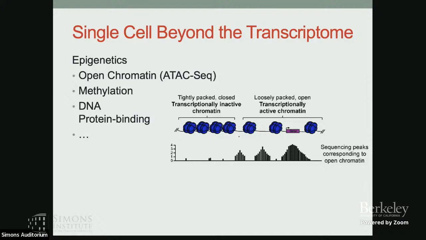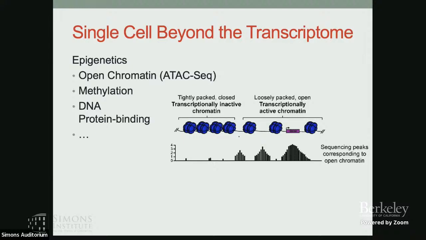I think a number of the talks today have been focused largely on measuring mRNA, the transcriptome. But there are single cell technologies for, if not all, many of the bulk technologies that existed before for sequencing. So for example, there are many areas in epigenetics where we can do single cell sequencing and expand beyond bulk as well.